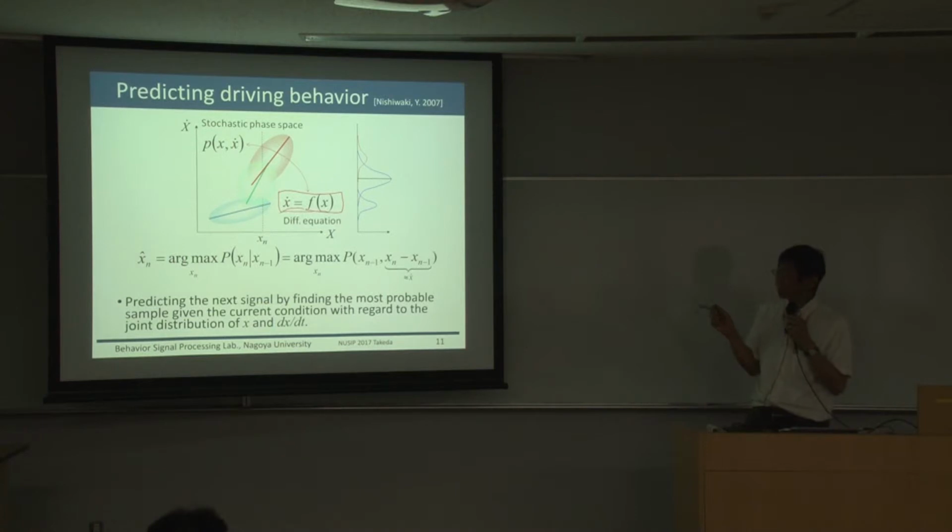But in this case, this is not physics, right? This is not kinematics, right? This is human behavior. Therefore, there is no solid idea of what kind of principle human beings are controlled by. So what we can do best is collect the data, a lot of data.